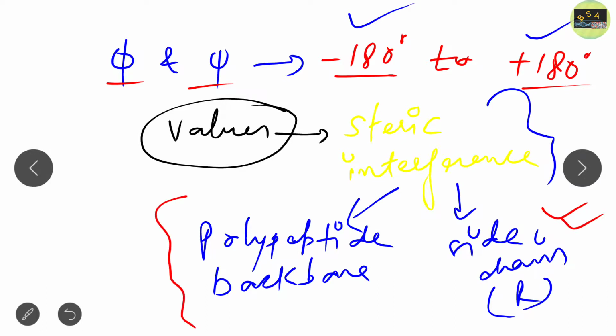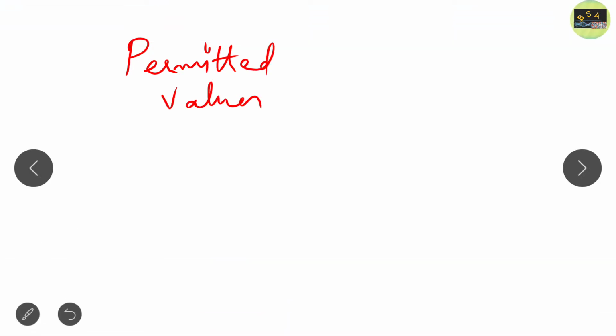So what did Sir Ramachandran do? Sir Ramachandran studied the permitted values for the phi and psi angles, that is, which values are permitted and on which values there is no steric hindrance.